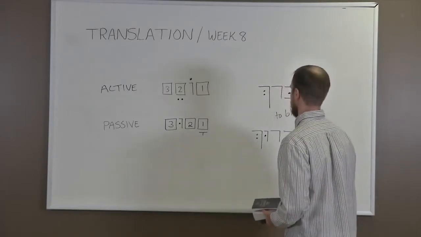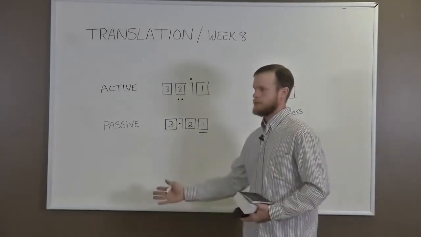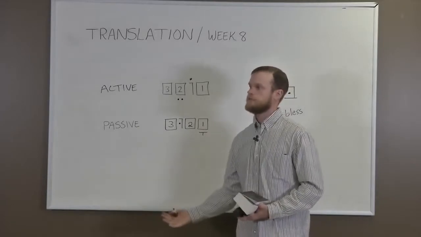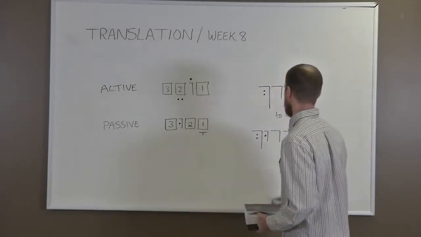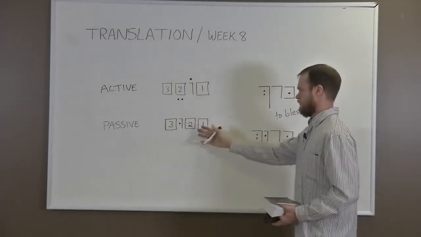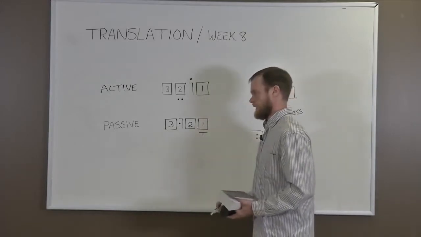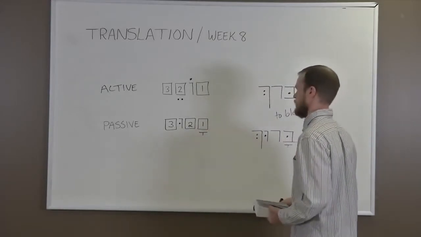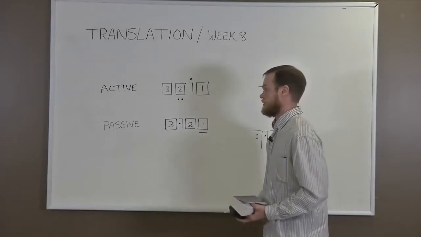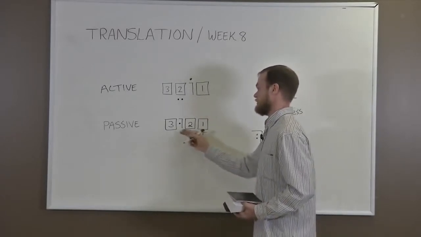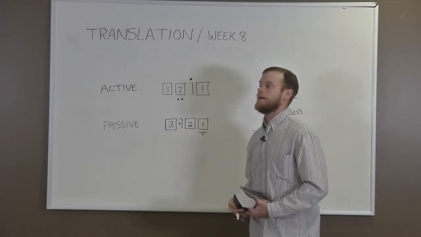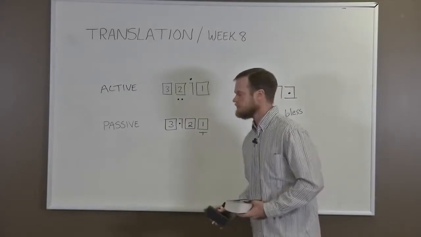So it's not that you're the one doing the blessing, but you're the one being blessed. You'll see this passive form all over the place, but Baruch is by far the one you'll encounter the most. Now you'll recognize it when you see that form: that's a passive participle.